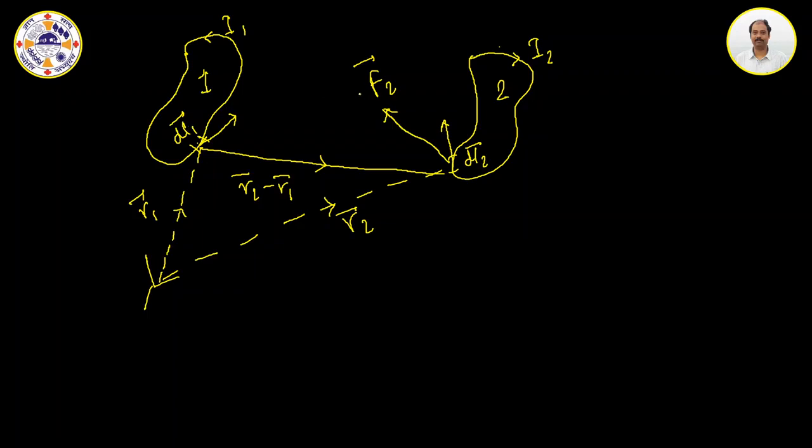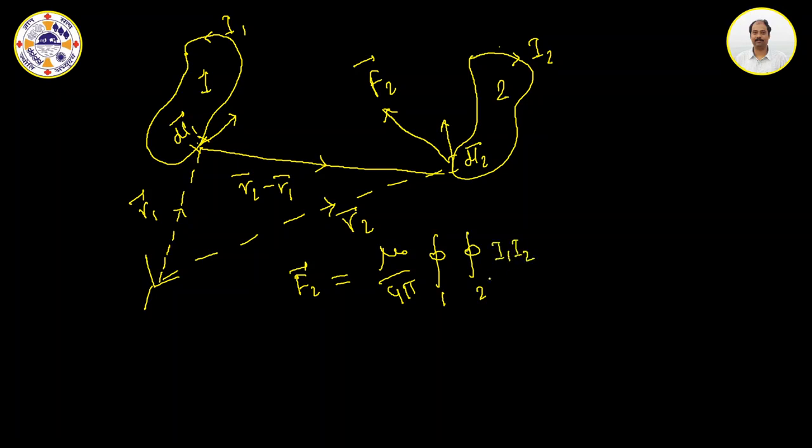is F2 according to Ampere, and Ampere wrote this expression as F2 is equal to mu 0 by 4 pi closed integration over 1 closed integration over 2.